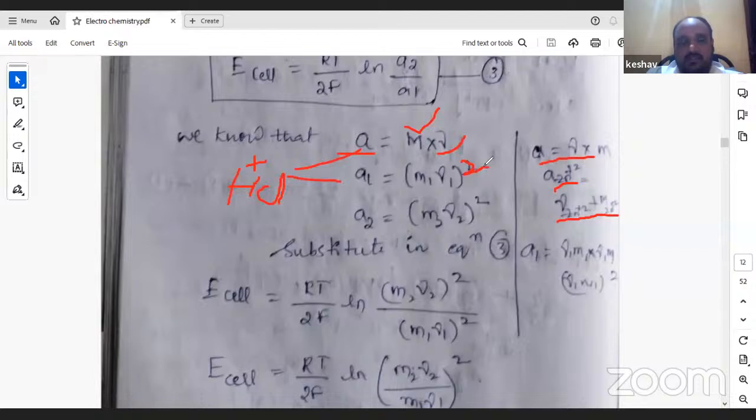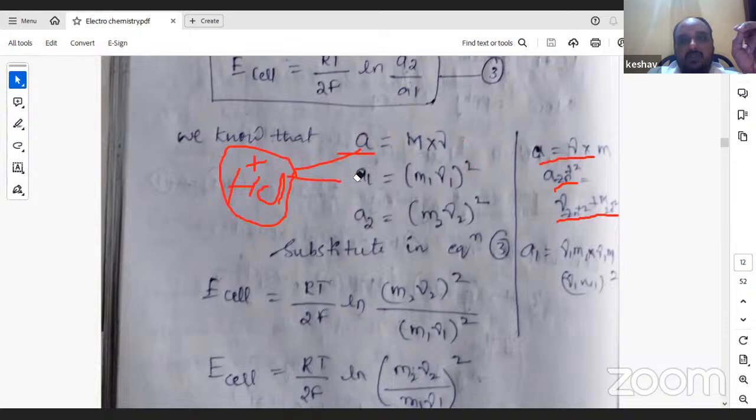In the previous chemical cells with transference, the activity is applied for individual ions like zinc plus 2 and copper plus 2. But here we applied it for an electrolyte solution consisting of 2 ions. That is M1 gamma 1 square.